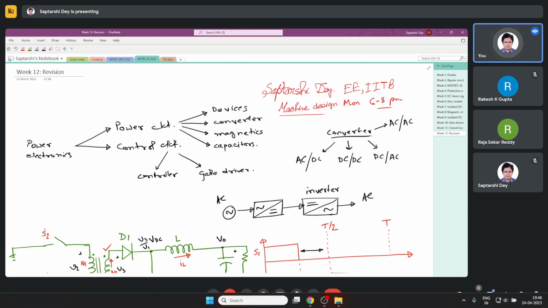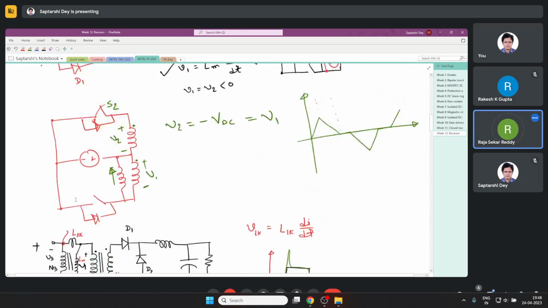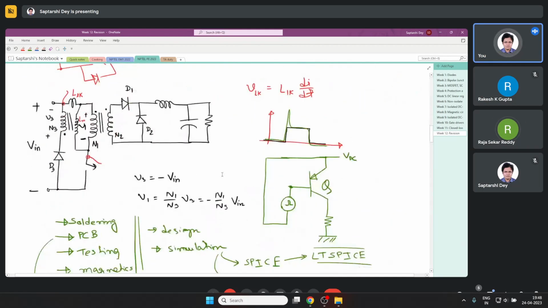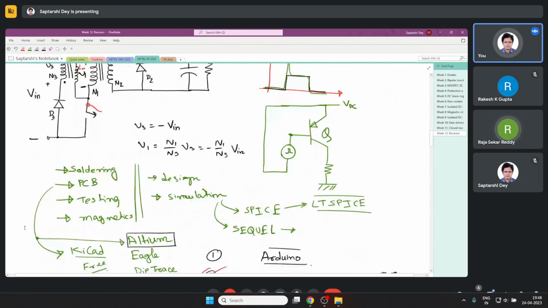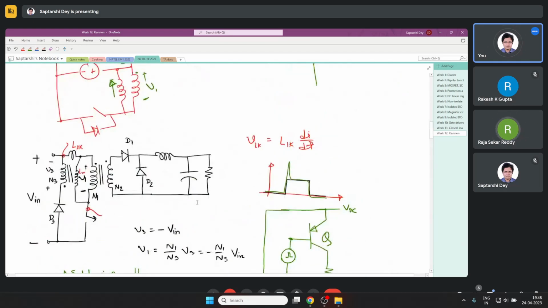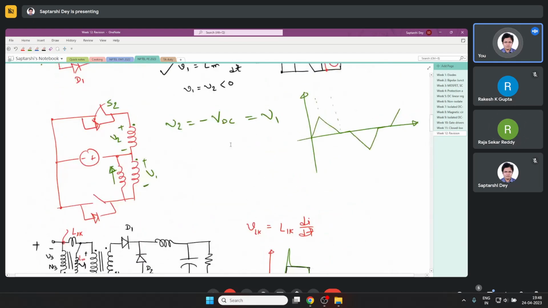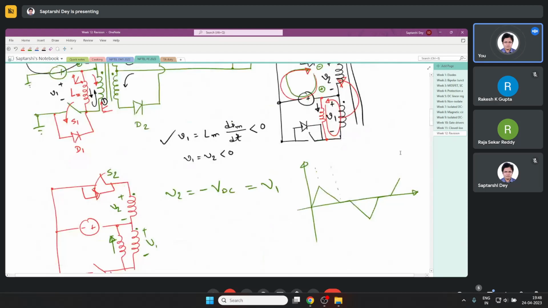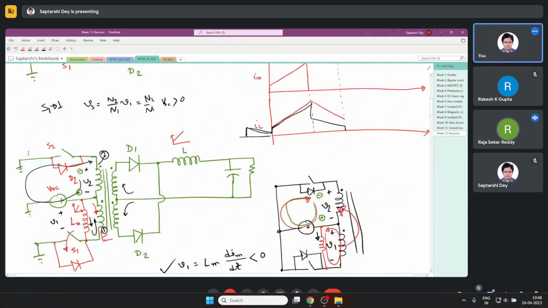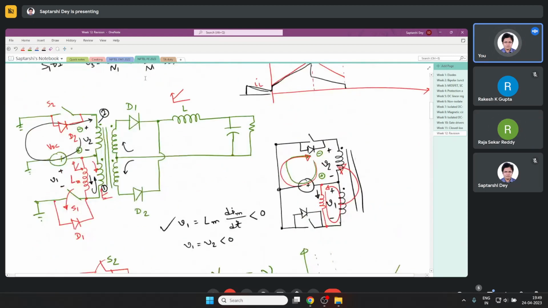So I hope this course, I don't know how you enjoyed this. I enjoyed it specifically, as you have understood by now, that my area of expertise is not the device. I'm not saying I'm expert in converters also, but as a power electronics engineer, I am mostly concerned with converters.